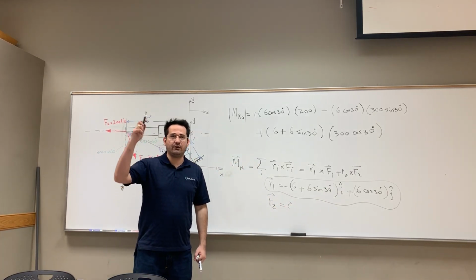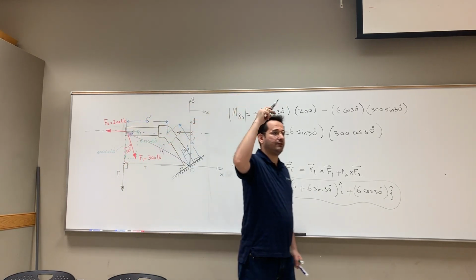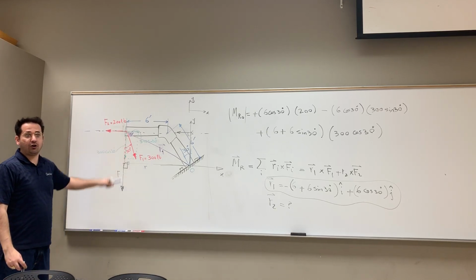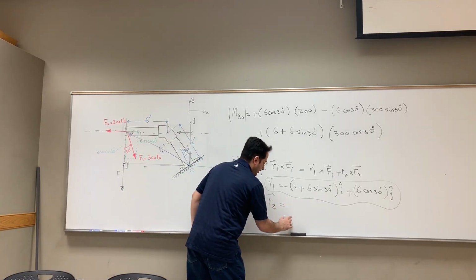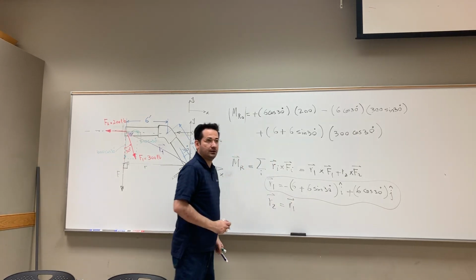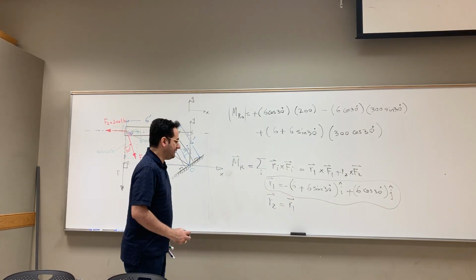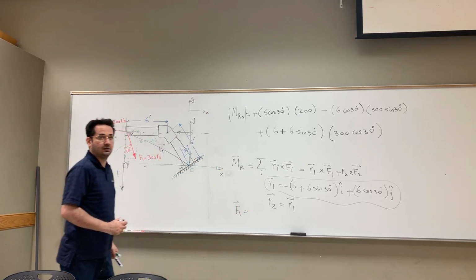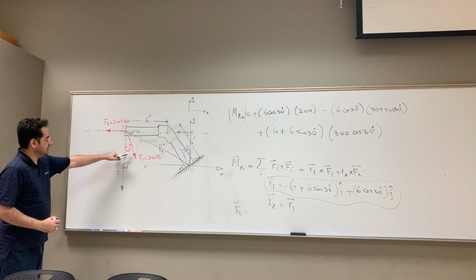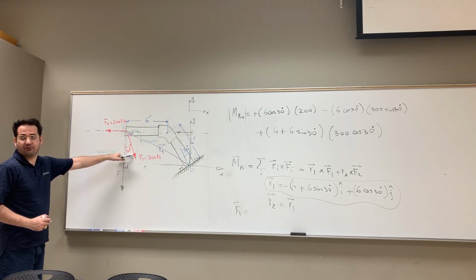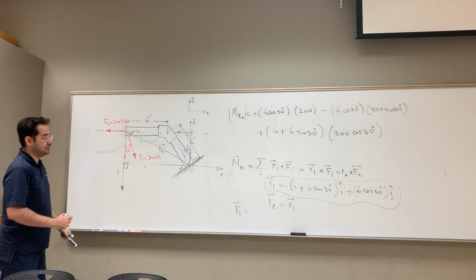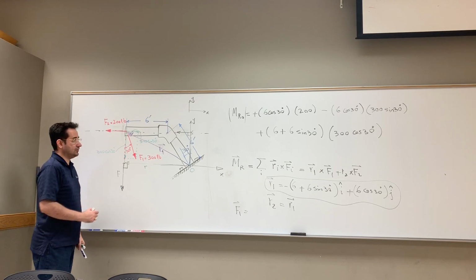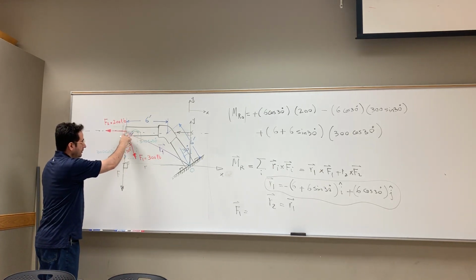R2 is a vector starting from the reference point and ending at the point that force number 2 is acting. Where is force number 2 acting? The same. So R2 is R1. They're exactly equal. What about F1? Cartesian form of F1. What should I write for the Cartesian form of F1? You have it right here. X component, Y component.